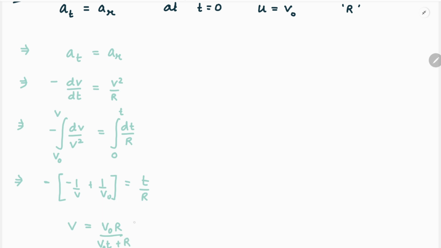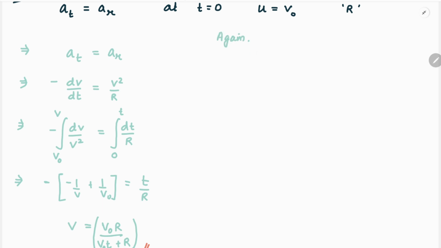So this is one part of the first problem that we have. Now it is also asking us to find velocity as a function of the distance covered. So we again come back to the same equation.